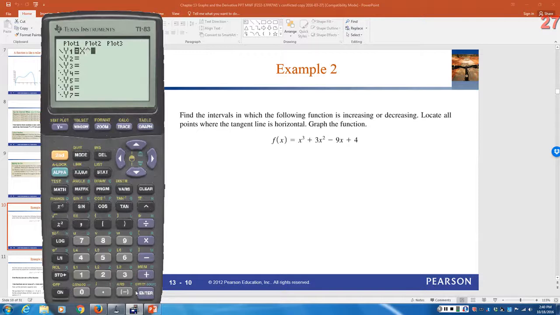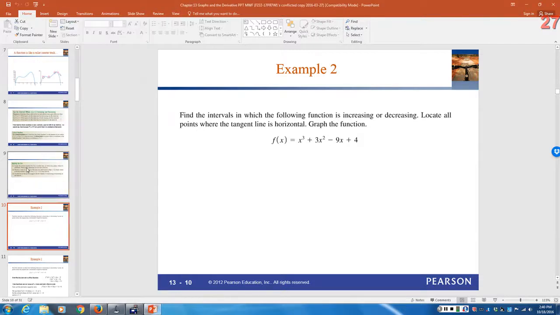We're going to do x to the third plus 3x squared minus 9x plus 4.